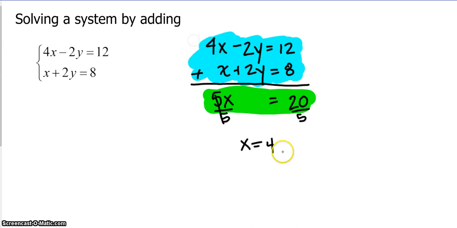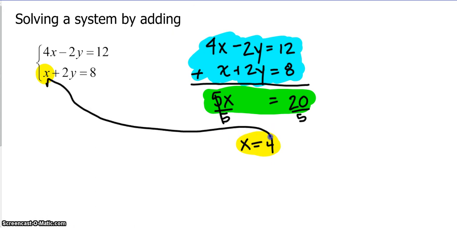I have half of my solution. I have the x value of my solution. Now I need to take this value of x, and I need to substitute it into one of the original equations for x. I'm going to choose to substitute it into that second equation, in which case I have 4 plus 2y equals 8.